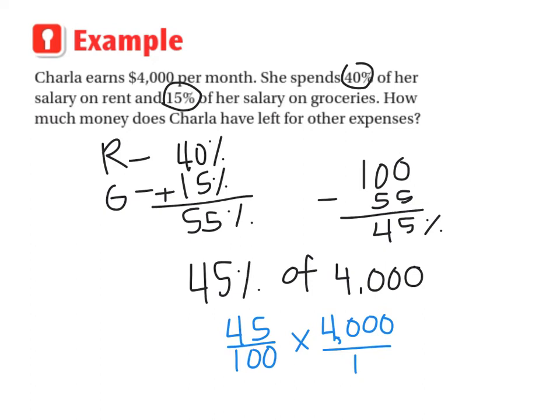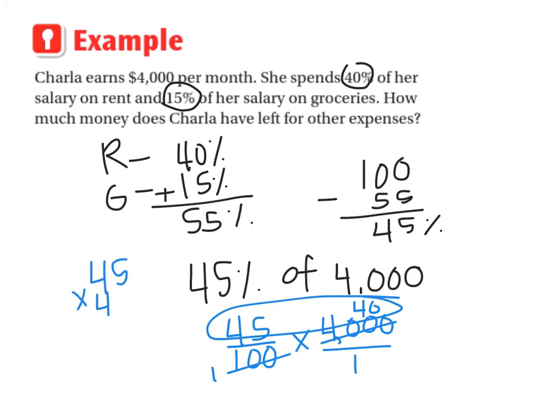I'm going to cross cancel. This will be 40 and 1. And then I multiply 45 times 40. Those would all be zeros, so I'll just go to the 4. 4 times 5 is 20, 16, 17, 18.